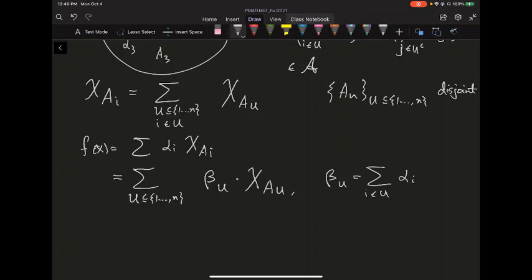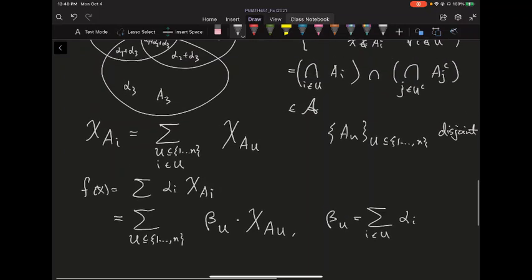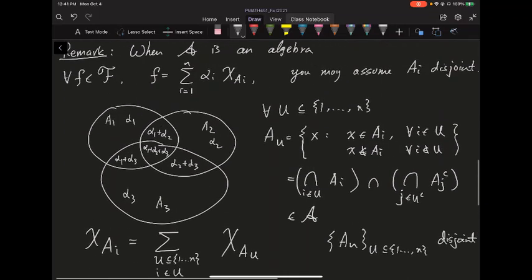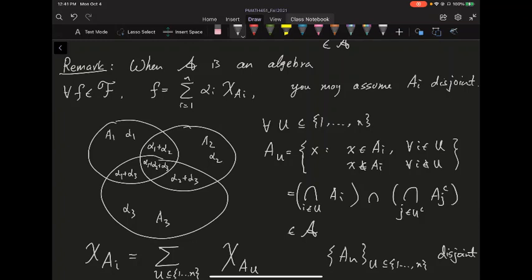In fact, it's quite useful later on. All right, so we finish the proof of this remark.